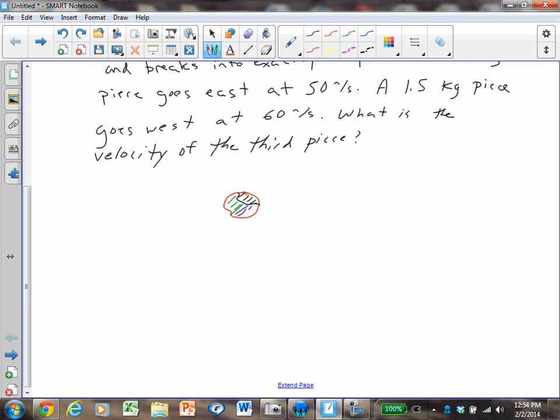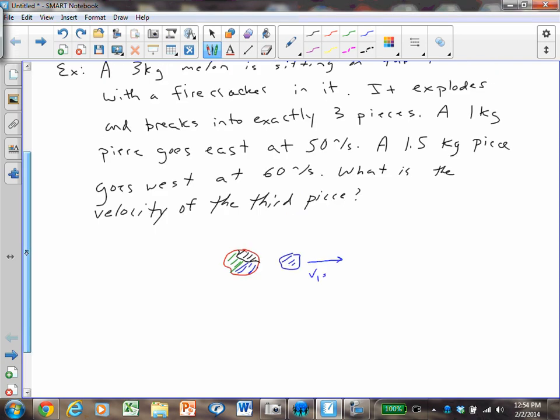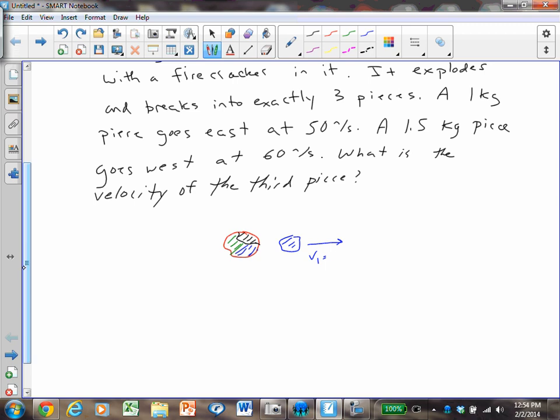Now we know that the first piece, the blue piece we'll say, goes off with a velocity after explosion of 50 meters per second. We'll call that plus because it's going in the east direction. Another piece goes west at minus 60 meters per second.